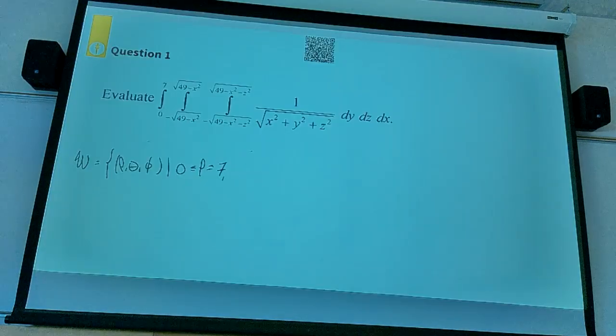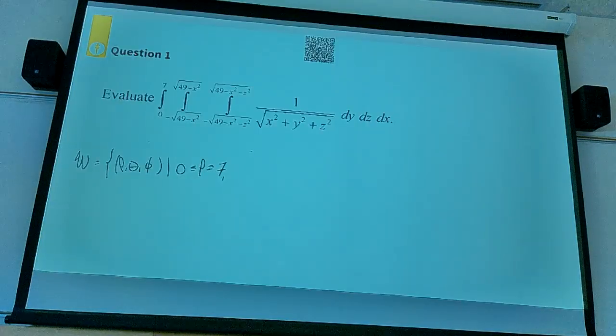Theta is the angle from the positive x-axis that the projection of the point makes. So it's just the standard from polar. If we look at the outer, x is 0 to 7, so x is non-negative.